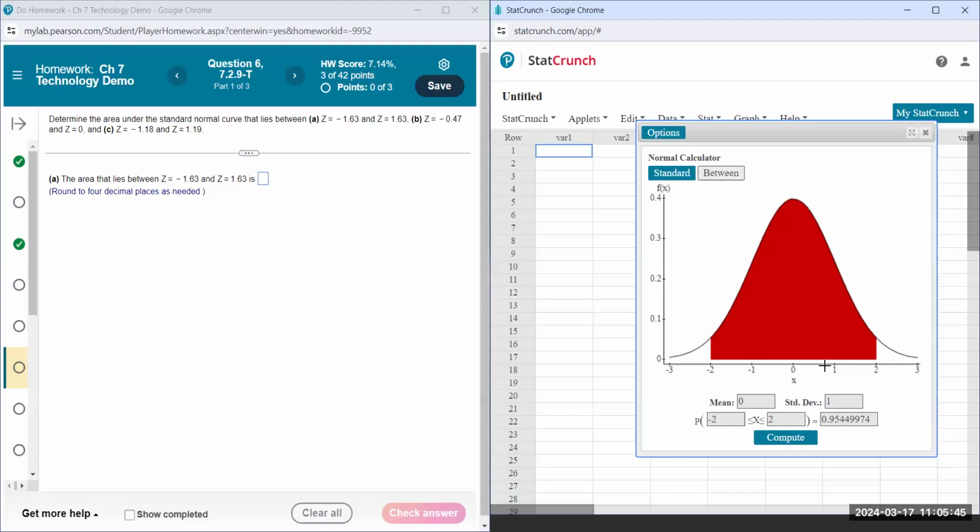So 68% of the male height population is between 5'6" and 6 feet. And if I add another 3 inches, that would be 6'3". On the high end, that would capture about 95% of the population.